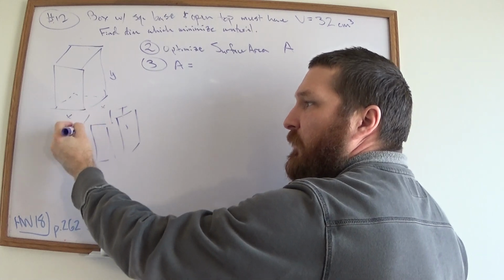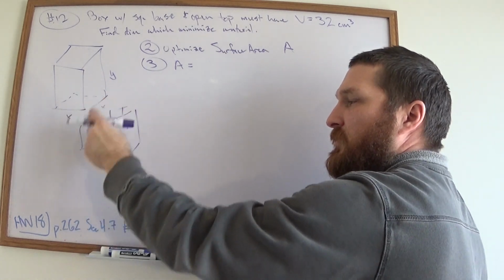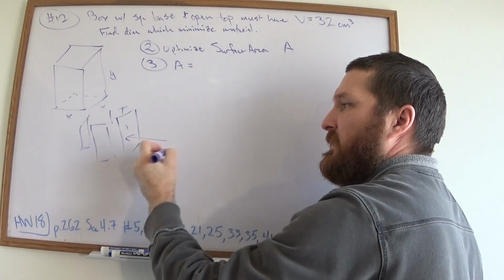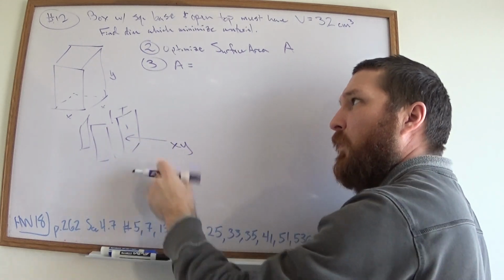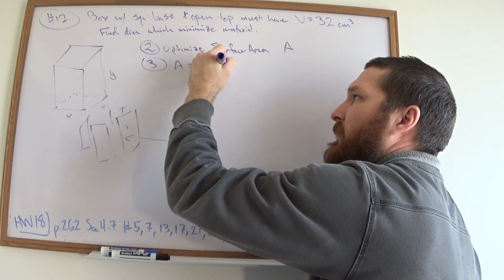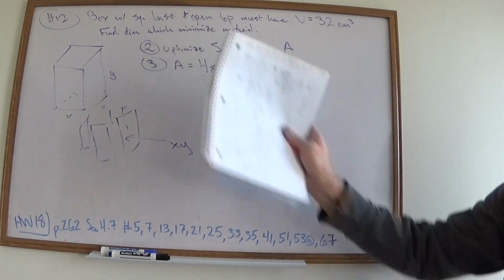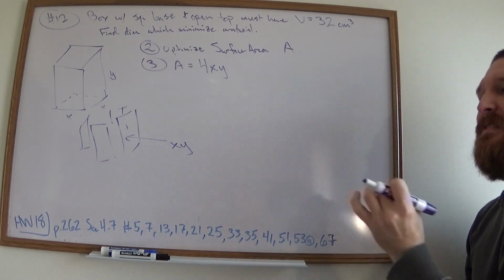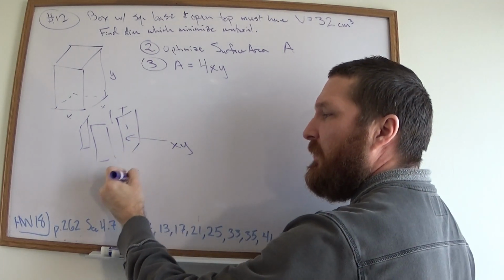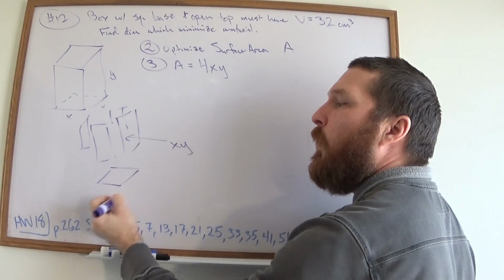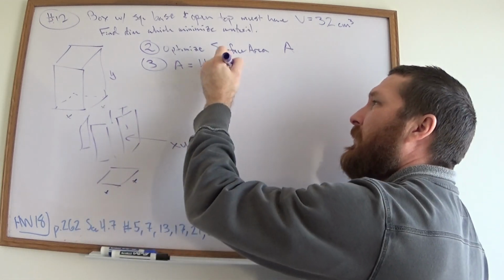So there are 4 total surfaces, each with an area of xy, so 4xy. Plus 2x squared? No, there's 1 x squared. That's what's going to get you with this. The bottom you only have 1 x squared, so plus x squared.